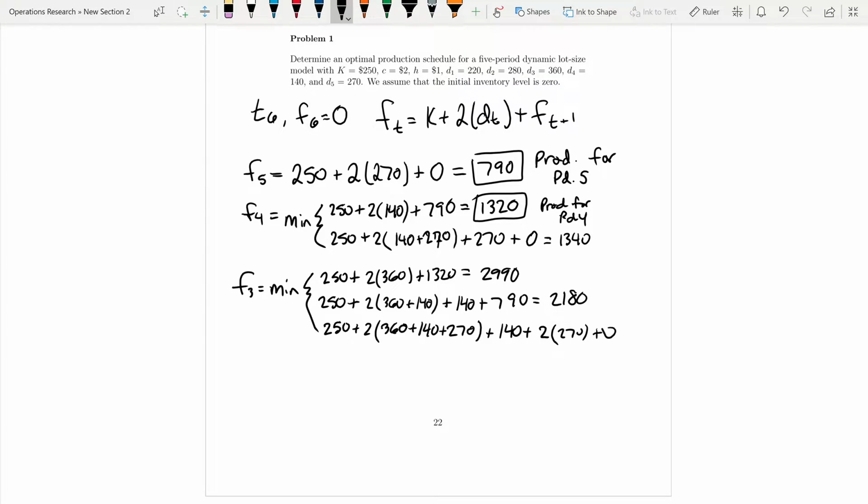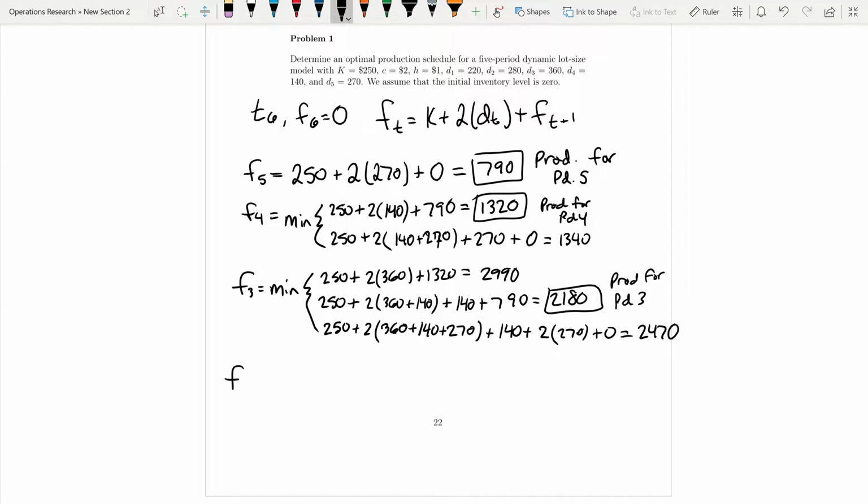And then we add 0 for that F sub 6, which gives us 2470. Between these 3, 2180 is our lowest, and that is our production for period 3.